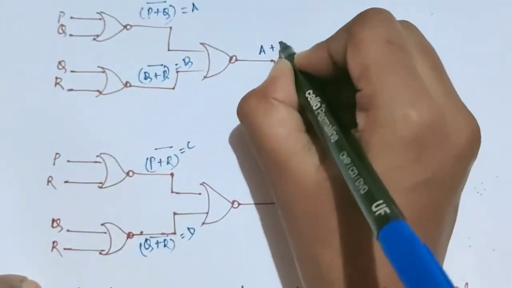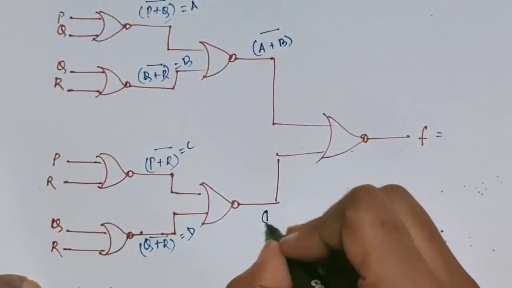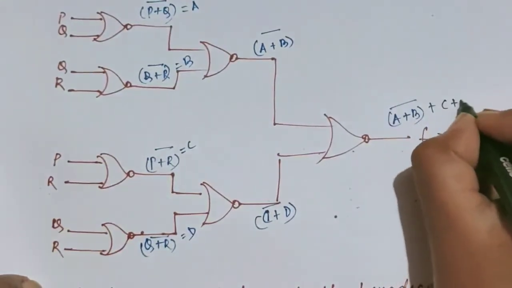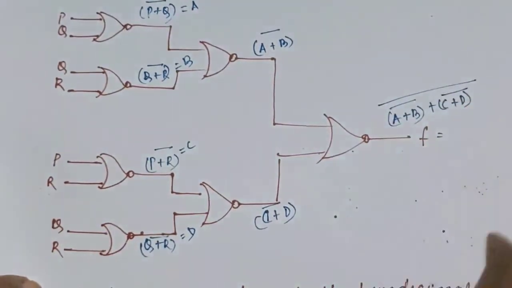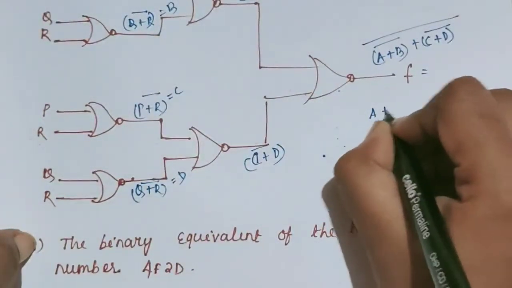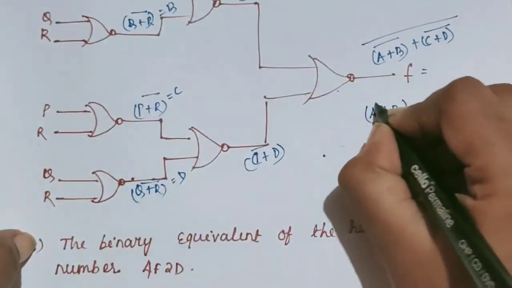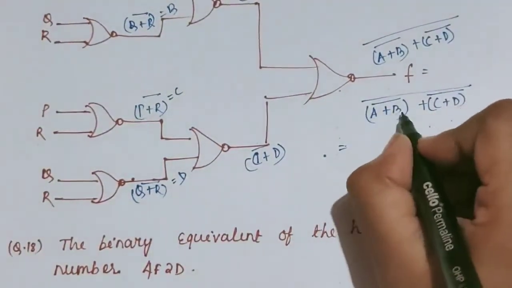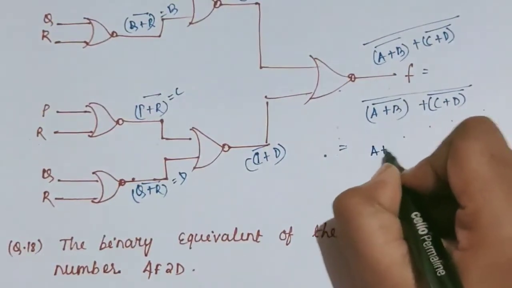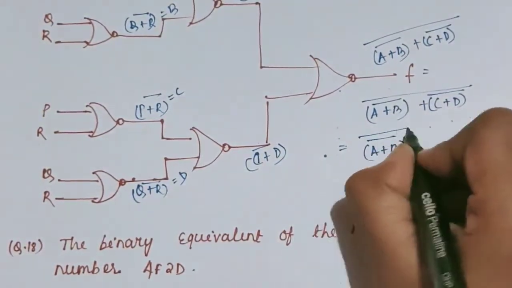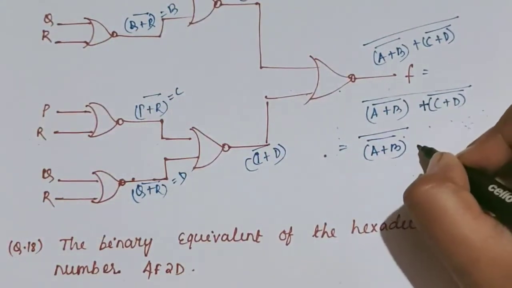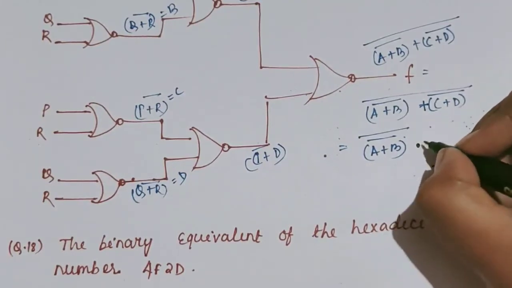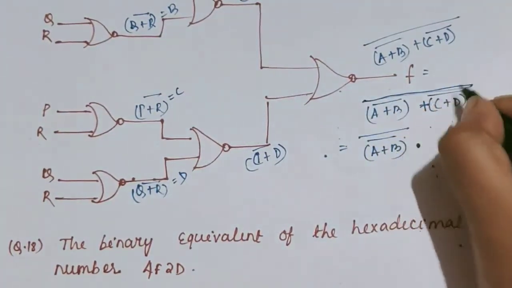This will be A plus B whole bar, C plus D whole bar, and then A plus B bar plus C plus D bar whole bar. If we simplify this one, it will be A plus B whole bar, and plus will be converted into normal multiplication because we are taking this bar.